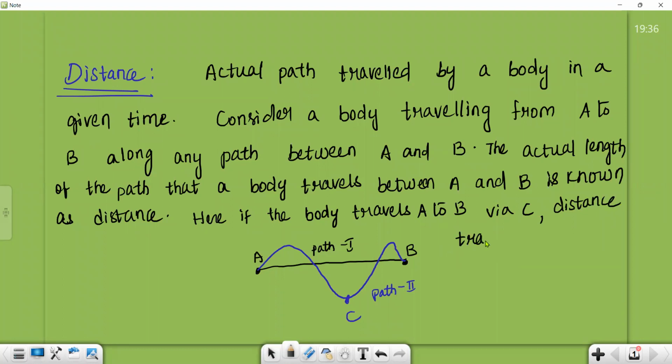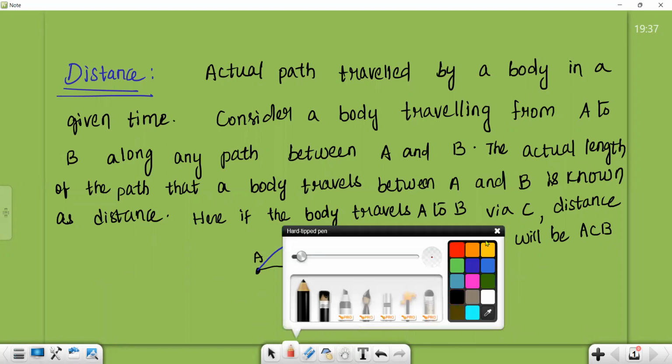What will be the total distance? ACB, isn't it? So from A to B, two kinds of distance it traveled: directly from A to B and via C. So both are distance.